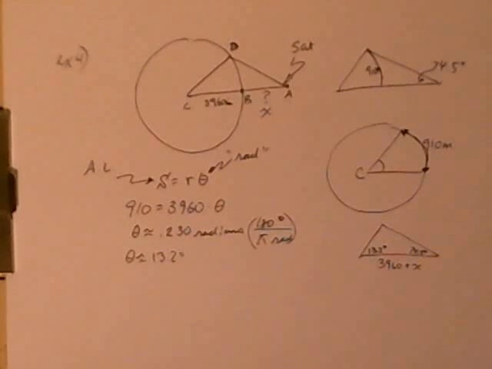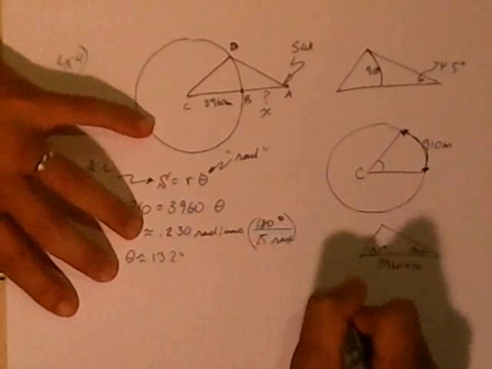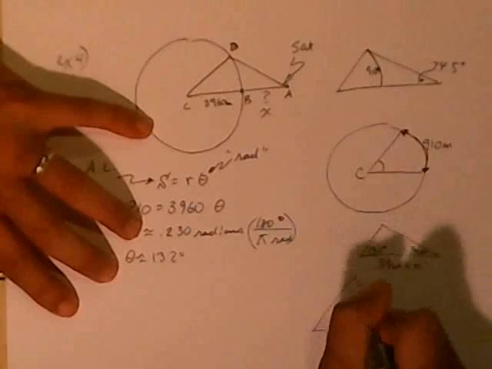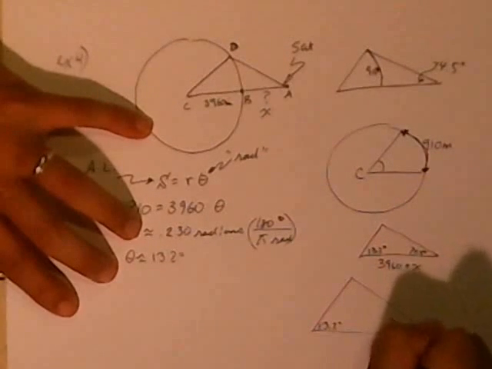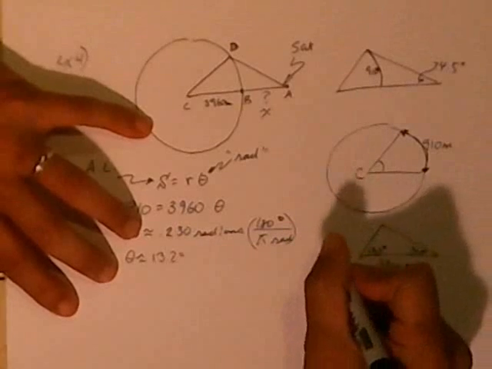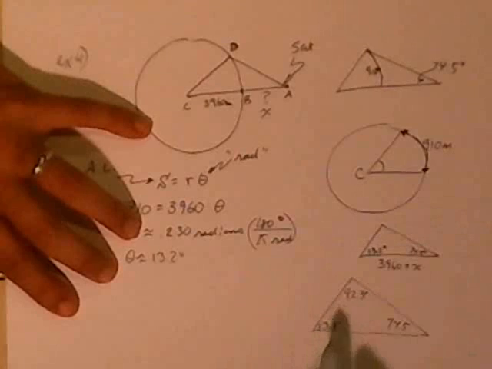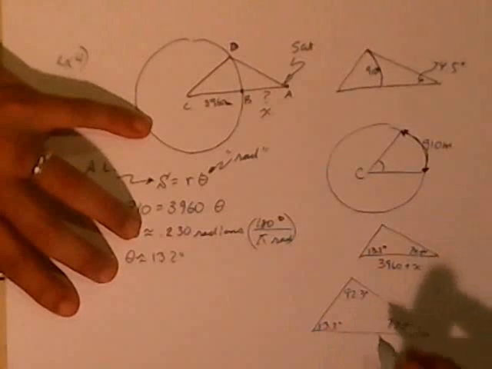Here, 74.5. That's going to be 92.3. I'm going to try to draw this nice and big for you, okay? 13.2 degrees, 74.5 degrees. This is going to be 92.3 degrees. So that's 92.3, 74.5. I subtracted from 180 from these two.